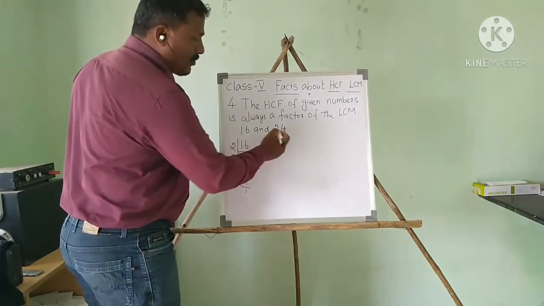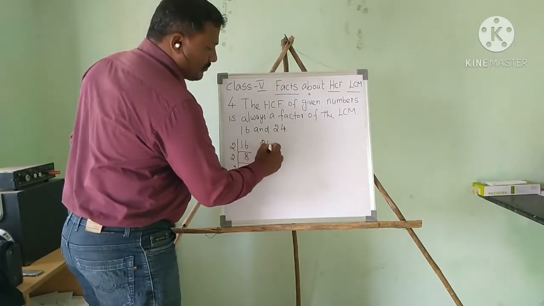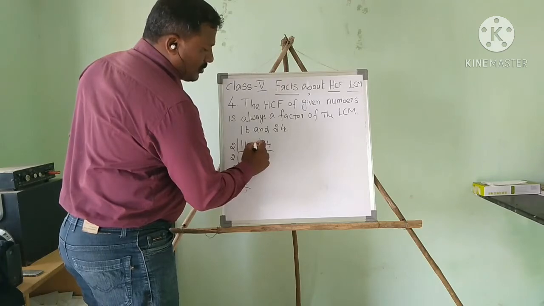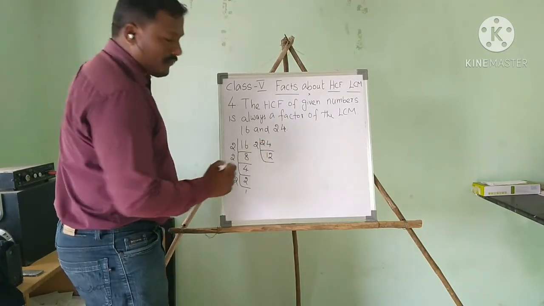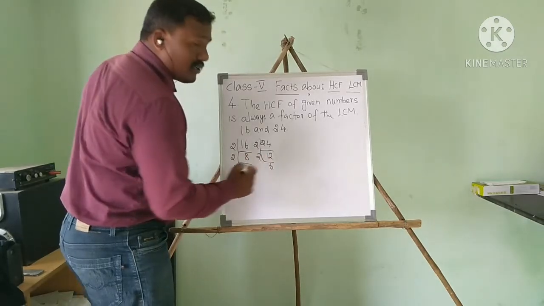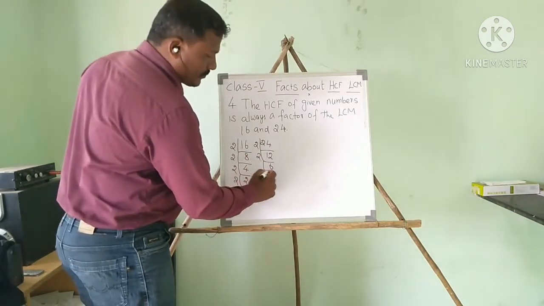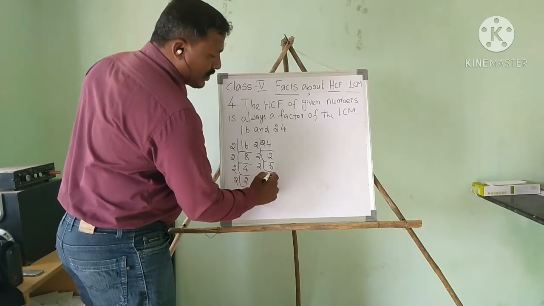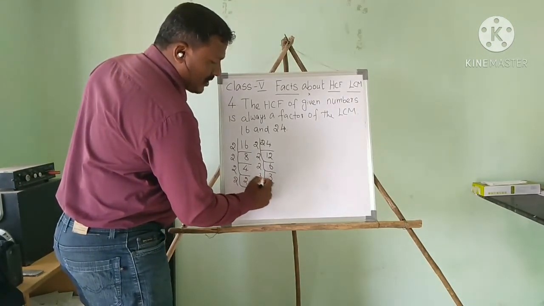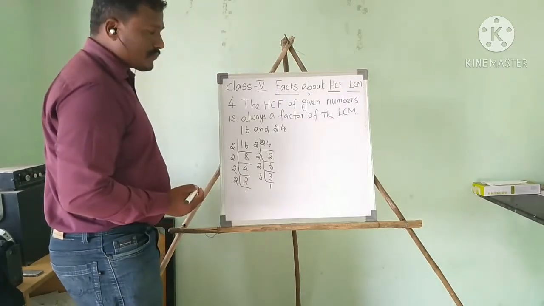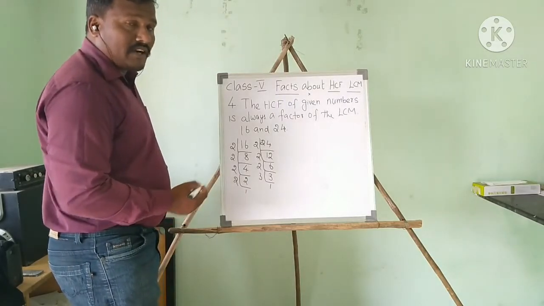Now I will find out 24. 2 12s are 24, 6 2s are 12, 3 2s are 6, 3 1s are 3.